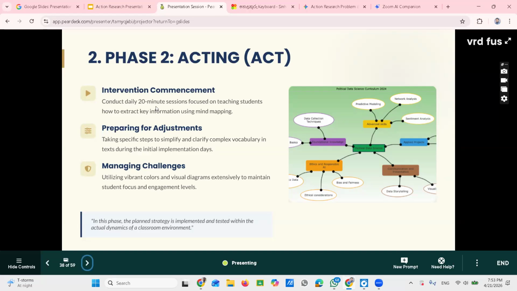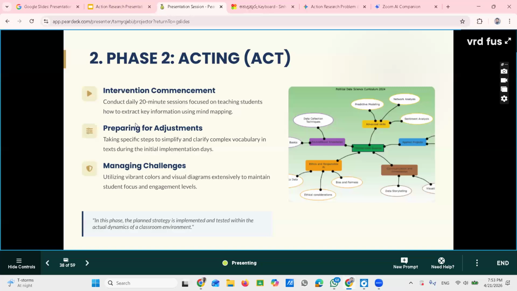Right. Then another thing to focus on under this stage is preparing for adjustment: taking specific steps to simplify and clarify complex vocabulary in text during the initial implementation days. Right, the teacher should prepare for some adjustment if they are having some complex vocabularies.